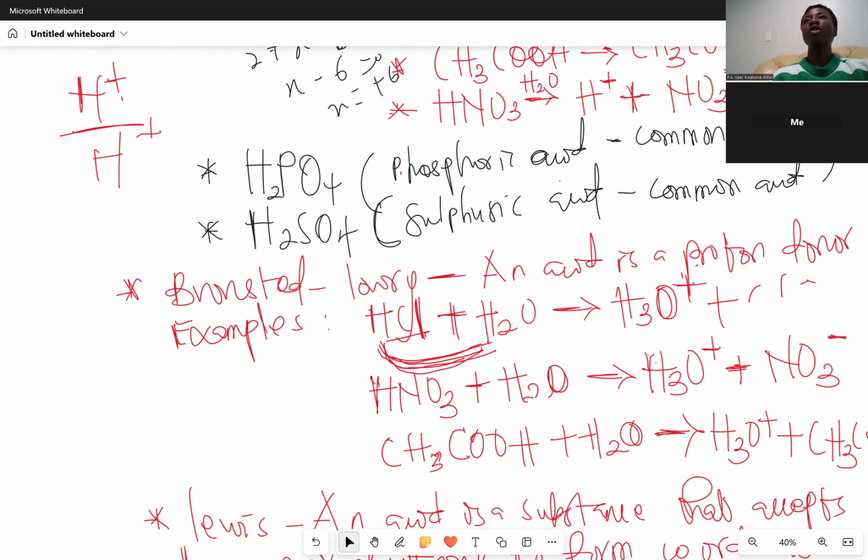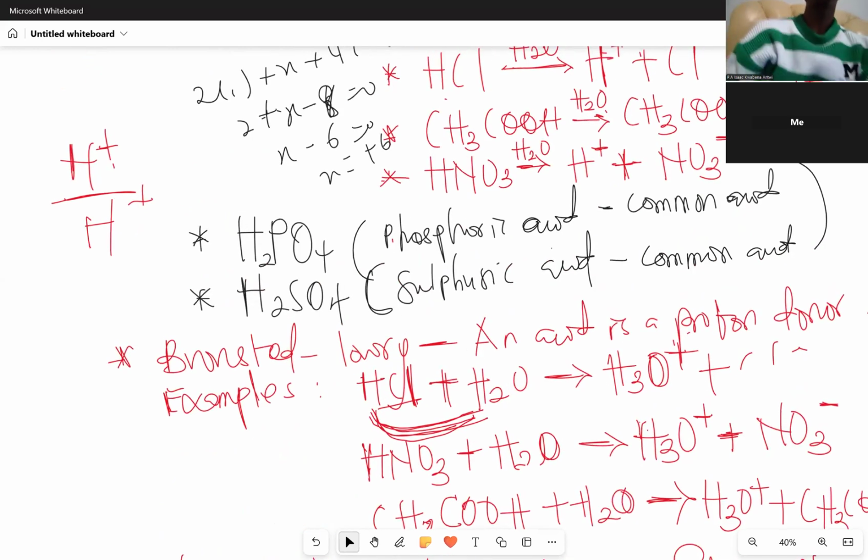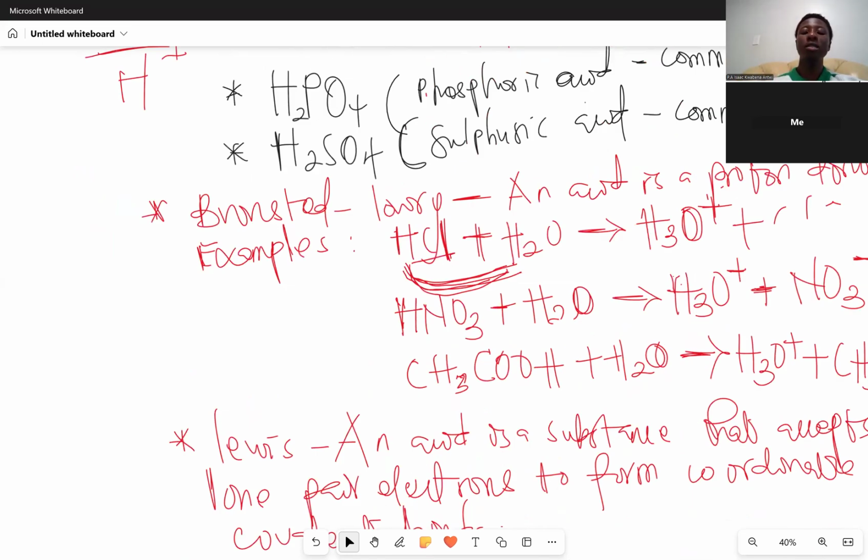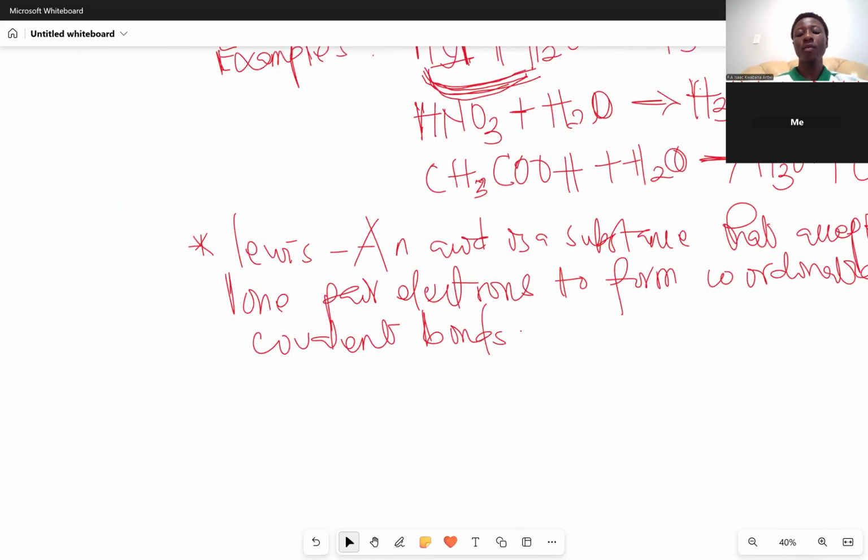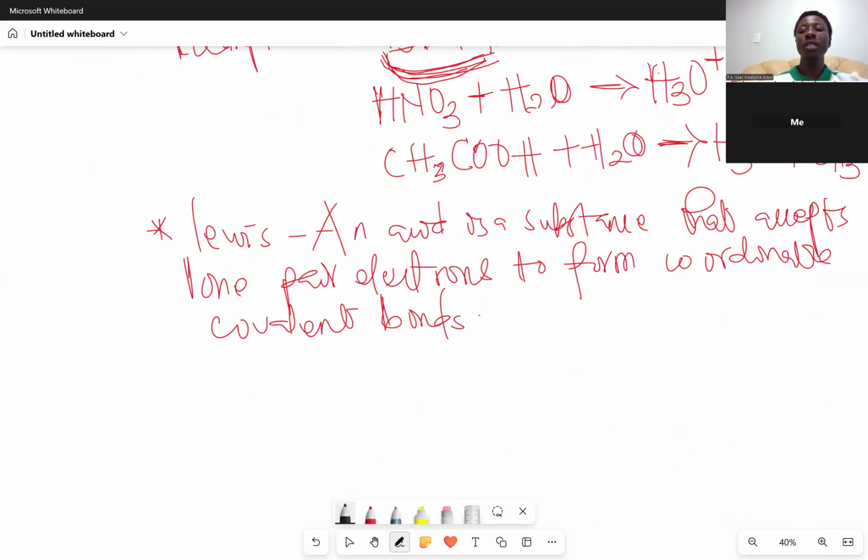If they ask you to define an acid without specifying one scientist, then you have the option to define an acid from one of these. We are still under acids, so I want us to throw more light on it a bit.